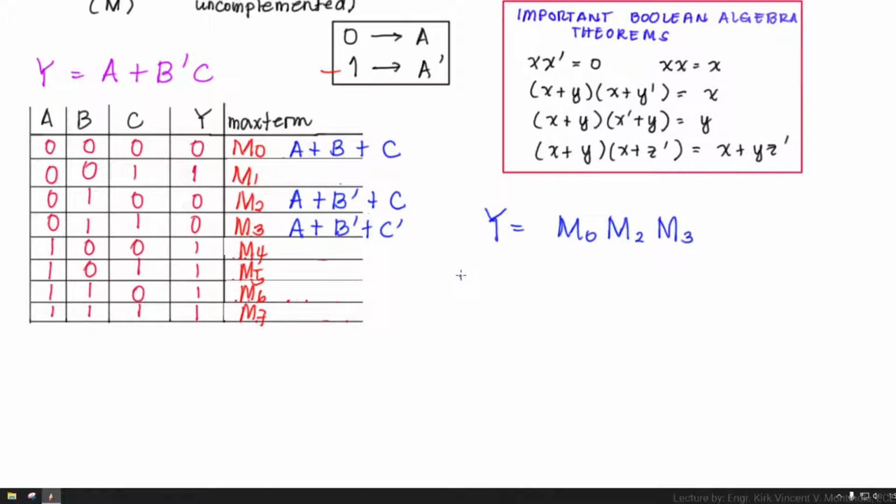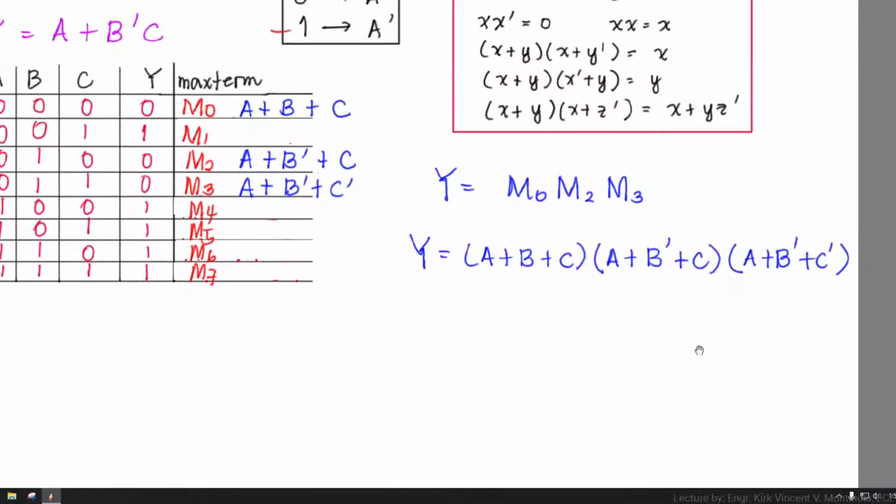Okay, then expanding that, with the inputs now included: A plus B plus C. Remember we said product of sums. These are the sums, so we just need the product. So that is M2, which is A plus B not, then plus C, and then A plus B not plus C not.